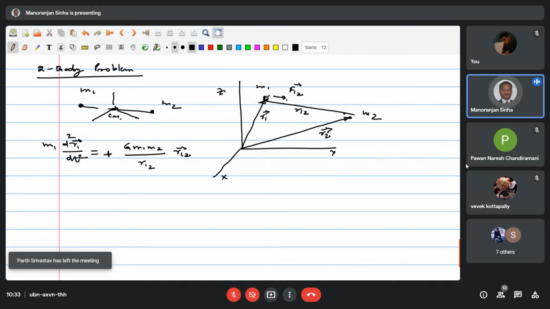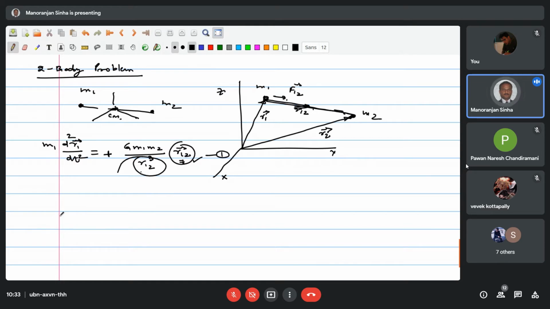The force is directed from this center to this center, and R12 vector is along this direction, so force is along the same direction, so this is the way it is written. G m1 m2 divided by R12 whole cube times R12. This is not a unit vector, this is a vector. If we write in terms of unit vector, then this part will be R12 square. This is our equation number 1.